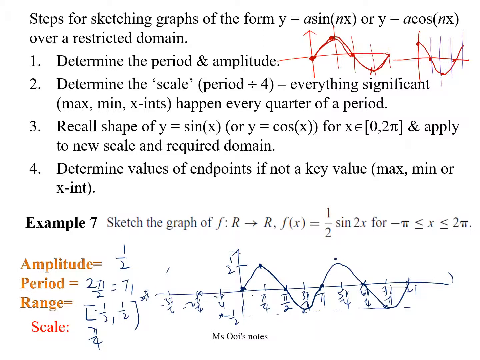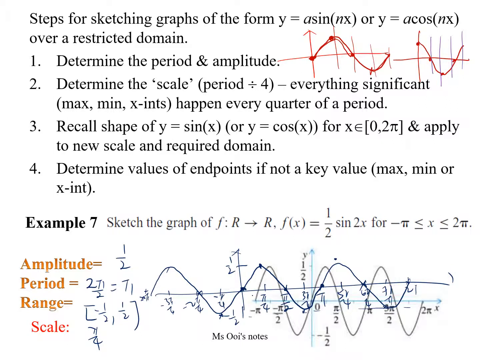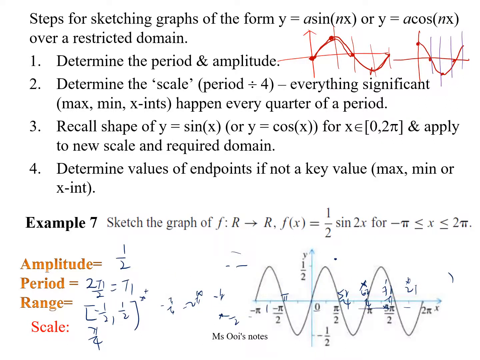Okay, it's hard to draw with my pen. Make sure that it doesn't go over half and doesn't go below negative half. Okay, let's look at this nice graph that's already drawn here for you.